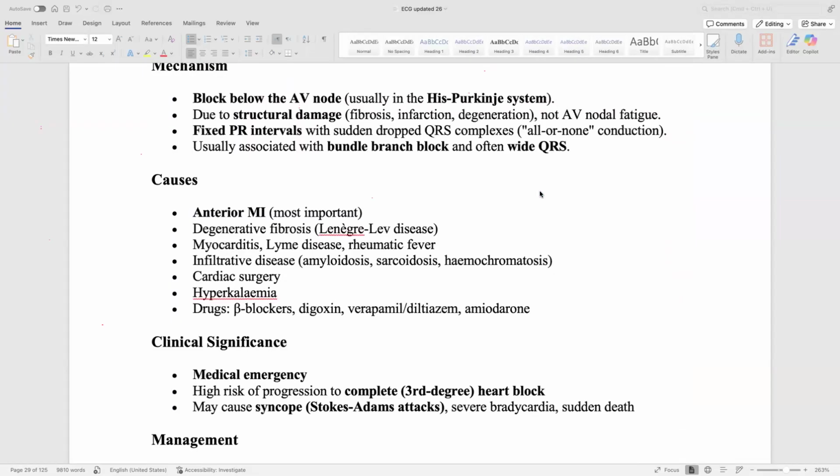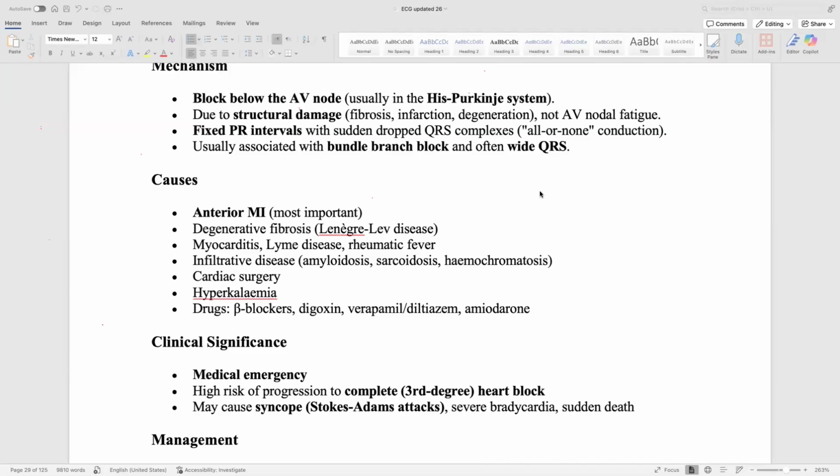MI, especially anterior MI. So they can ask you one squeezing question. They bring you an ECG with Mobitz type 2. Is this inferior MI or anterior MI or lateral MI or posterior MI or no MI?